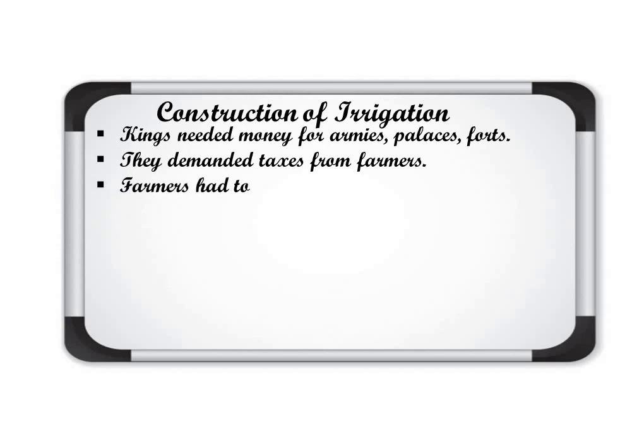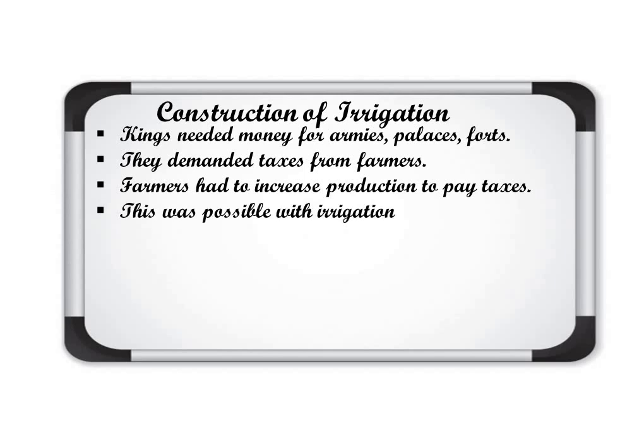So what was done? Farmers had to increase production to pay taxes. That was really required, because with the same production, they were not able to pay the taxes demanded by the rulers or the kings. This was possible with irrigation, because if they could use irrigation, they would be able to increase the production.